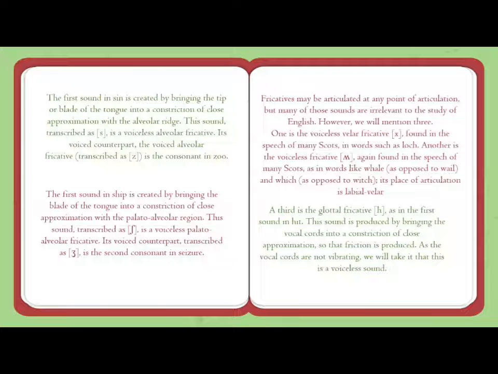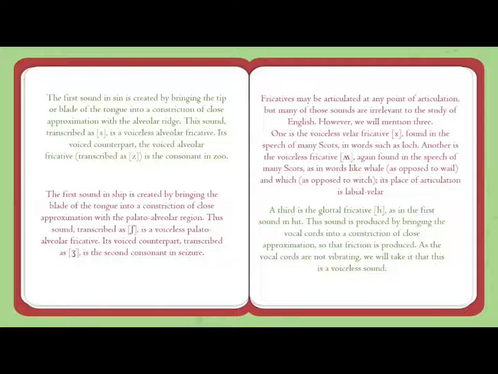Another is the voiceless fricative w, again found in the speech of many Scots, as in words like whale as opposed to wail, and which as opposed to witch. Its place of articulation is labial velar.